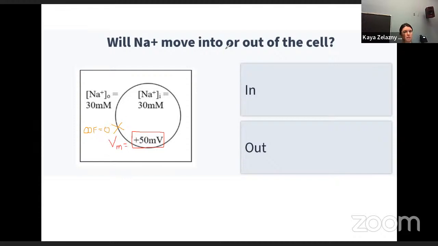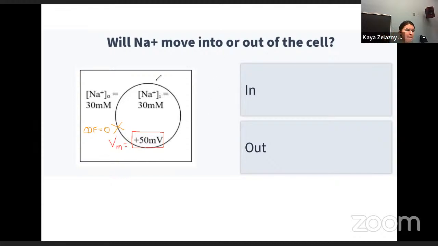So to find the movement of that sodium ion, we need to figure out the electrical driving force, because since the CDF is 0, the EDF is going to be larger. It's going to be something. It's not going to be 0 because we have these charges.